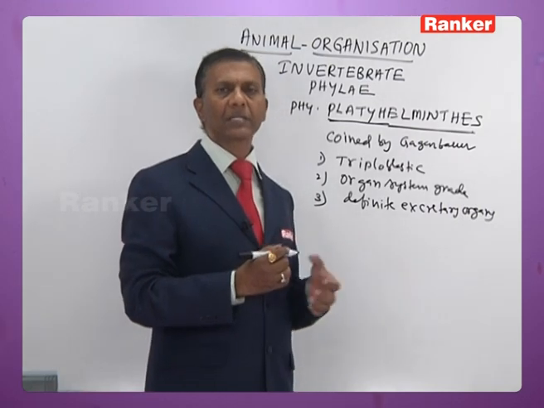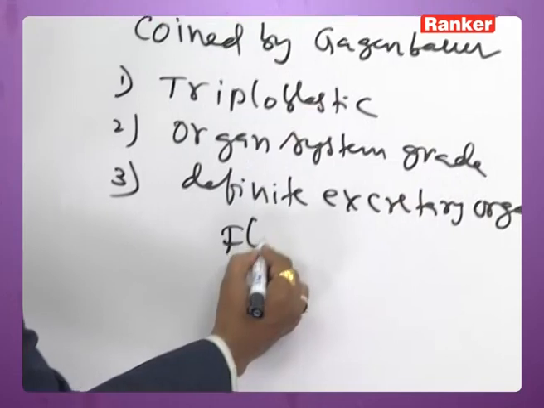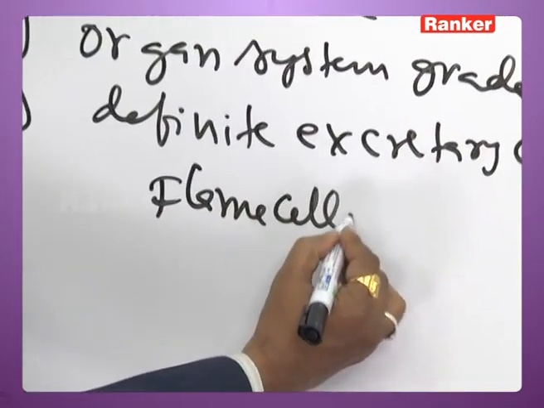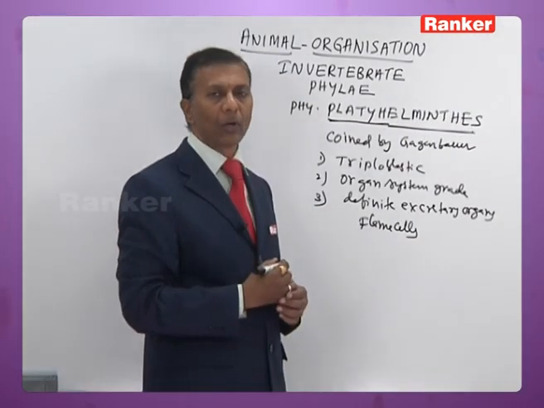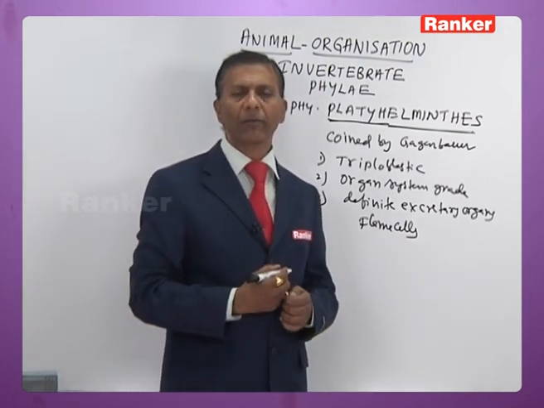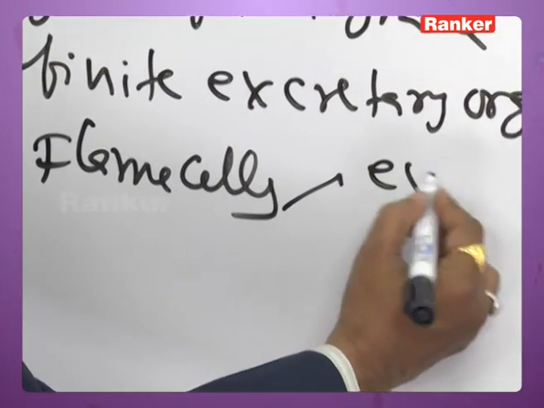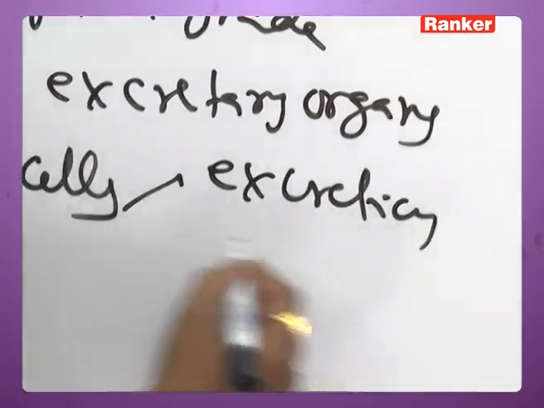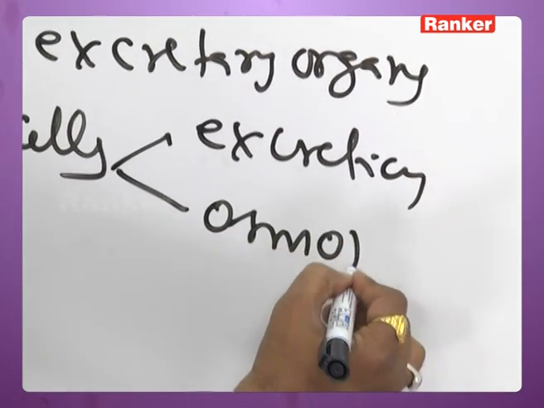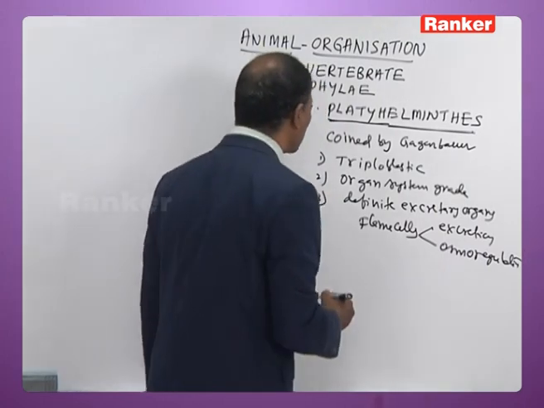In Platyhelminthes, definite excretory organs are present in the form of flame cells. Remember, flame cells are the modified protonephridia. They are meant for excretion and osmoregulation.